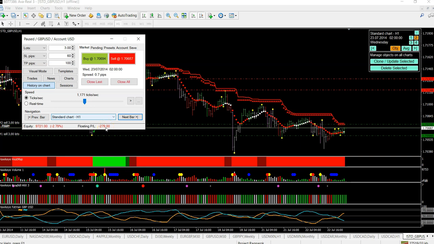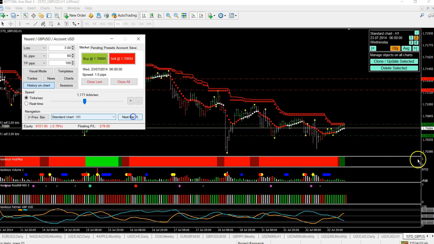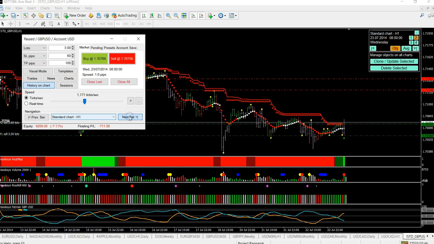So far, it's a drawdown, a floating loss on the two trades. We have 6 standard lots in this position. We continue. Now, notice how heat map turns dark green. And once again, we have roadkill with 2 bearish bars and a little bit of selling pressure on the volume.